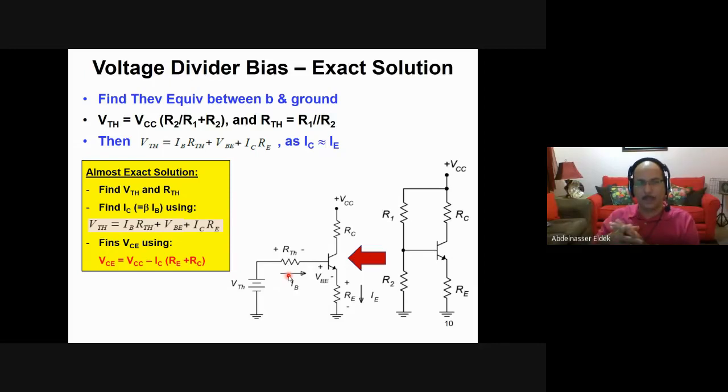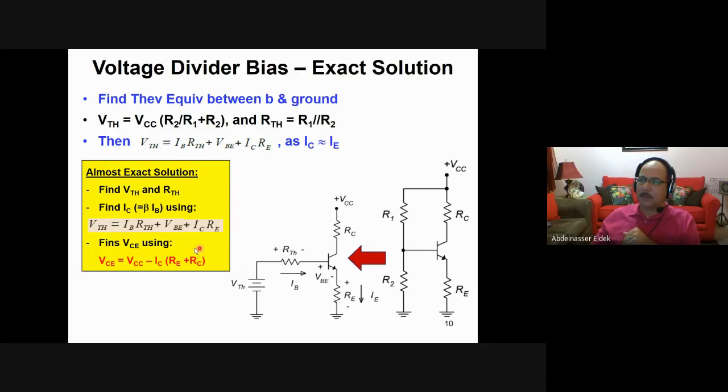But we know that IB equals IC divided by beta. Then we can replace this IB by IC divided by beta. Then in this case, you have one equation in one unknown, which is IC. Okay, then you can calculate IC.